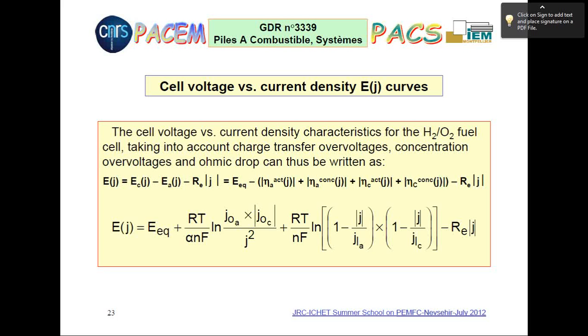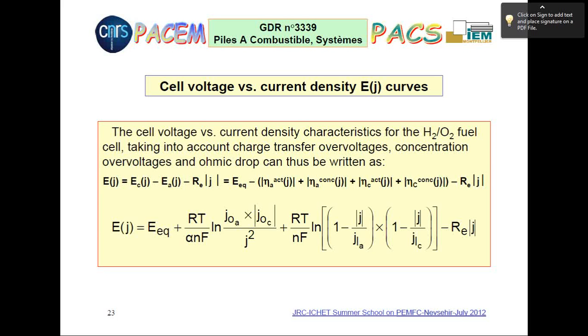You can continue the calculation. I'll just give you that as an idea. And for another limiting case, if you have a large voltage, you have an exponential behavior, and thus, if you take the logarithm as the inverse function, you get the Tafel behavior.